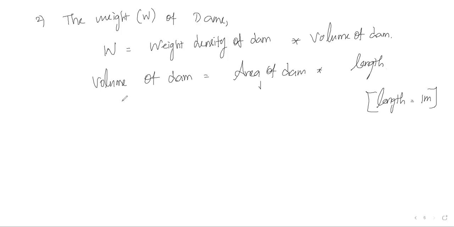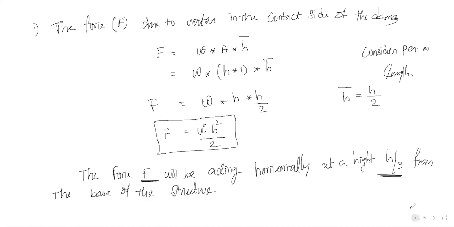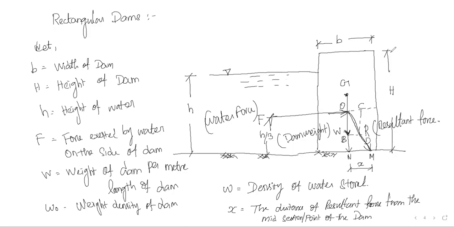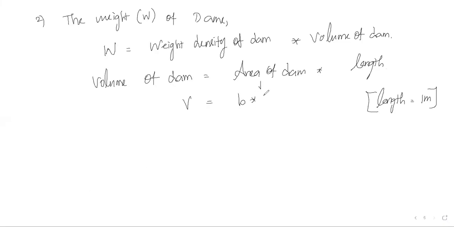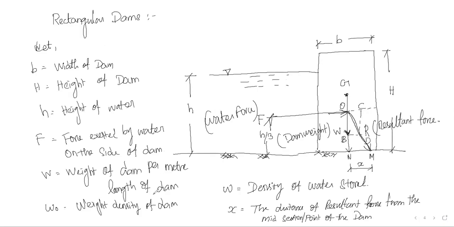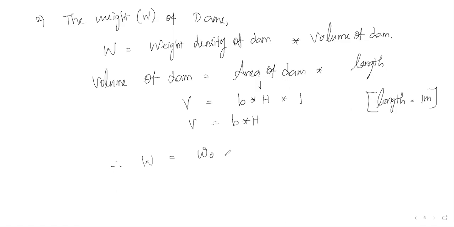So volume V is equal to area. Here area means the total breadth into total height. So B into H into length 1. So V is equal to B into H. Therefore, weight of the dam W is equal to weight density W naught multiplied with B into H, the total height.